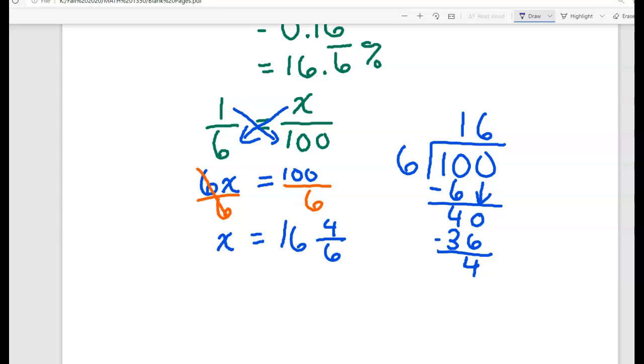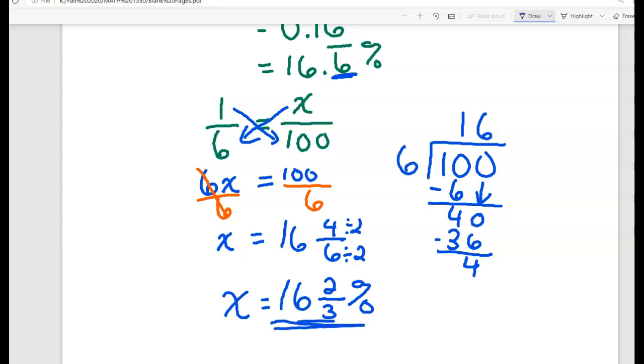This fraction is the same thing as this decimal, but this fraction is actually a more accurate description because we don't have anything repeated. Now, the only thing about this fraction is we need to simplify it. So we're going to divide both the numerator and the denominator by 2, and we get 16 and 2/3%.